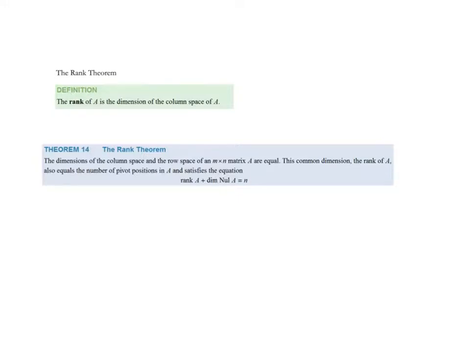And then another way to think about this, and a way that hopefully makes sense: the rank of the matrix, also known as the dimension of the column space, plus the dimension of the null space is equal to n. But the dimension of the column space is the number of pivots.